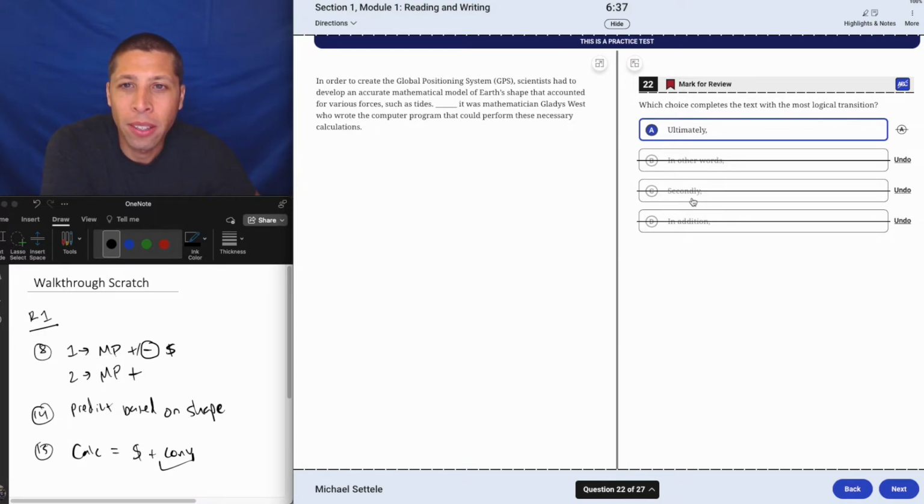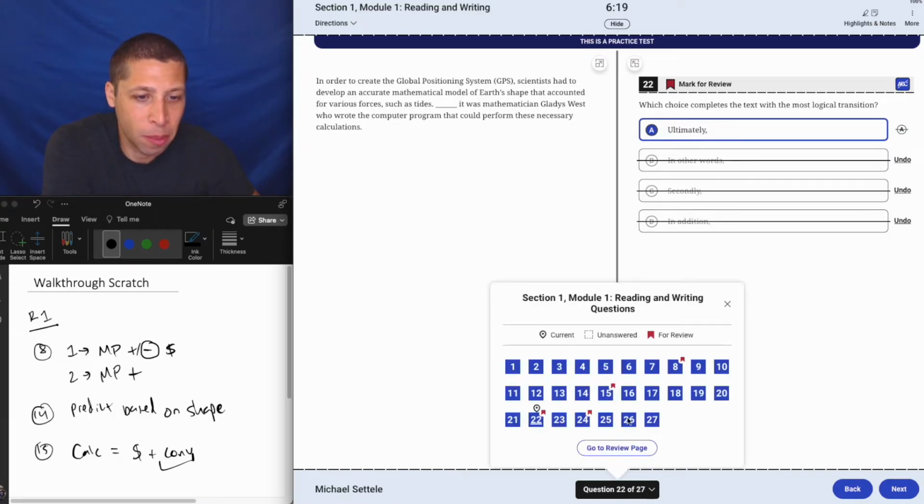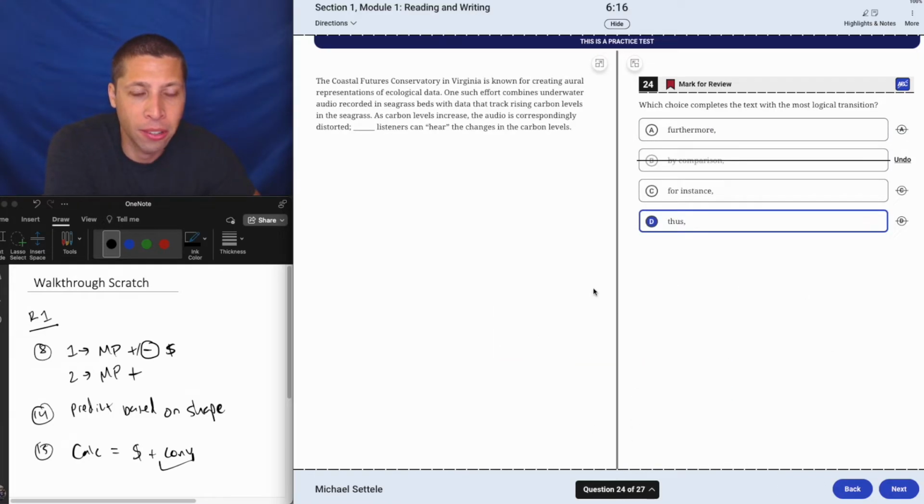Step 1 would be an accurate mathematical model, and then the person who did that is Gladys. So ultimately, they knew that they had to do this thing. So ultimately, it was this person who did it. Yeah, it's just a dumb transition. That's the problem with these transition questions, sometimes the answers are just stupid and you just wouldn't use them in real life.